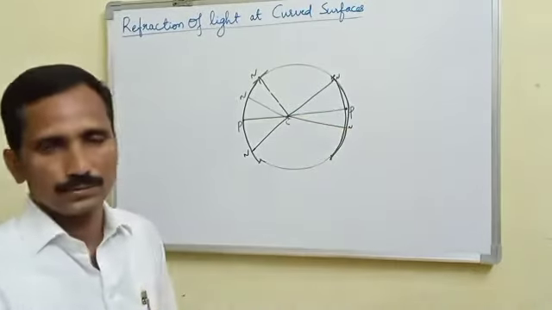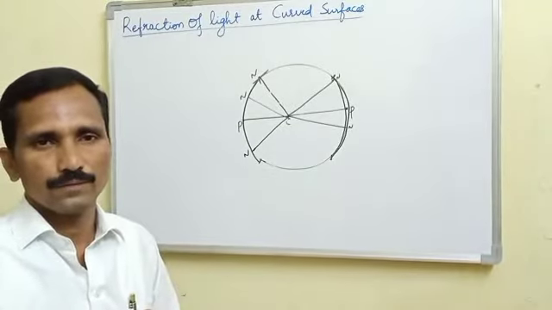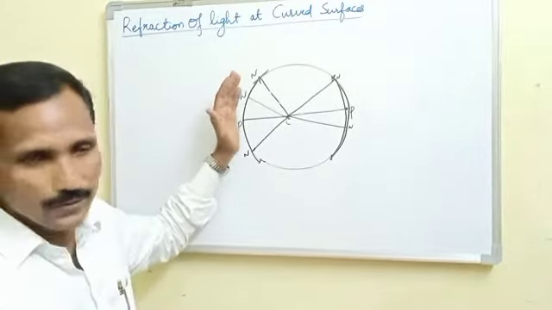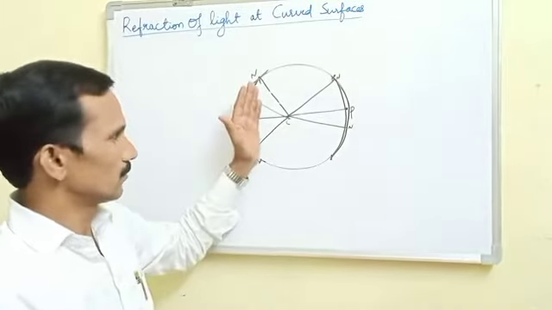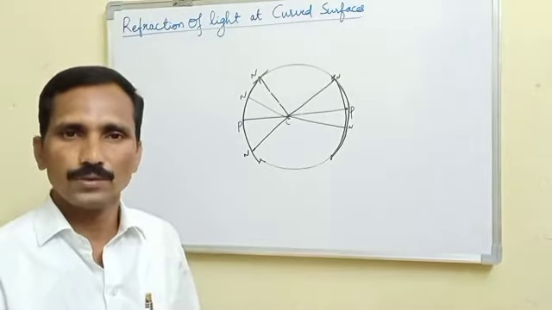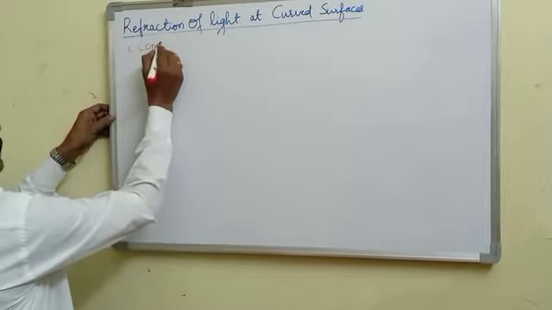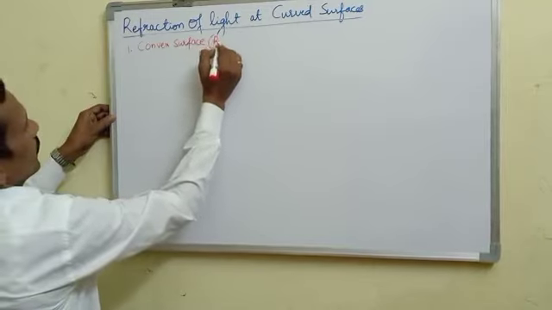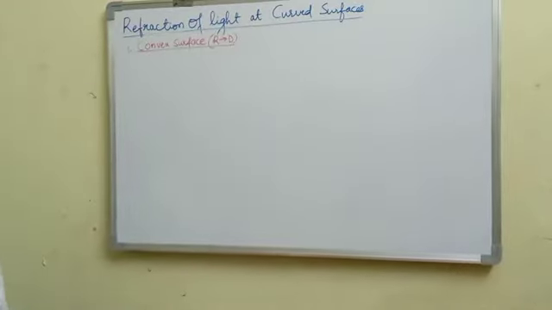From this we understand the phenomenon of refraction of light rays through convex and concave surfaces, from air to water, water to air, rarer medium to denser medium to rarer medium. First, refraction at a convex surface from rarer medium to denser medium.